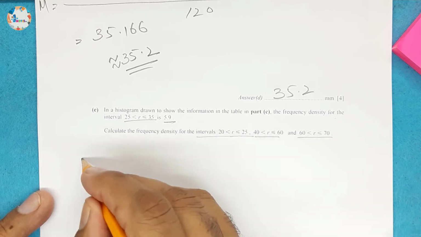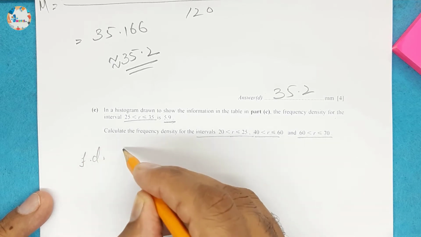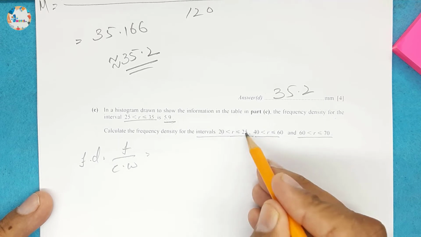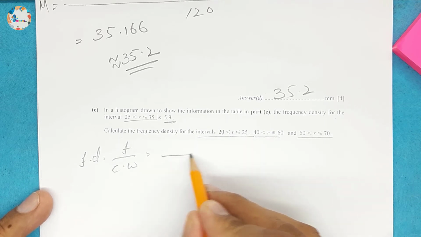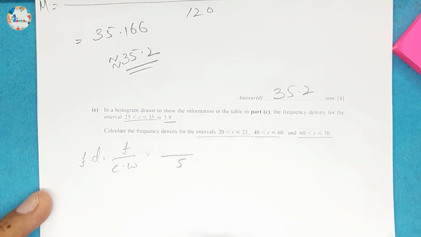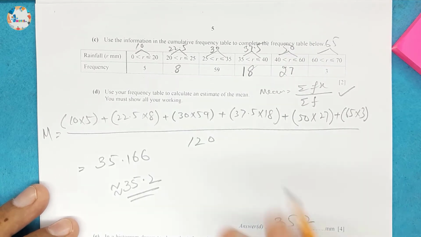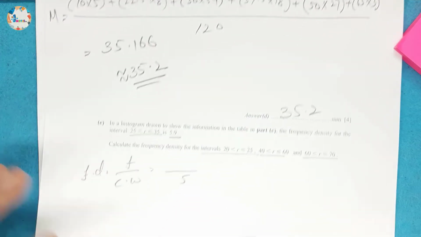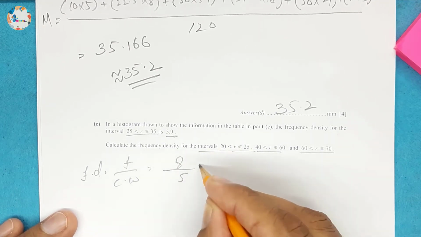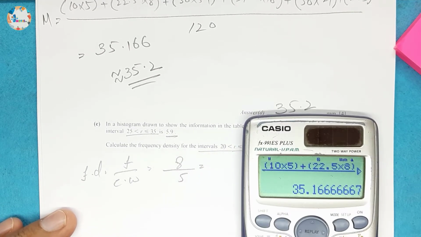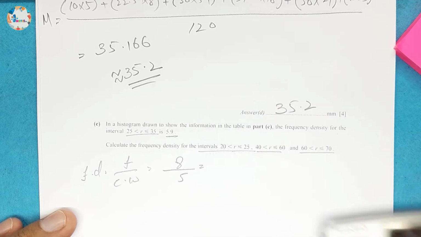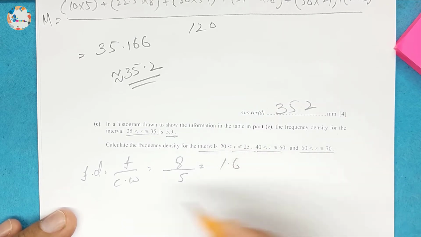We know frequency density is equal to frequency divided by class width, and for 20 to 25 the class width is 5 and the frequency is 8. So 8 divided by 5 is equal to 1.6.